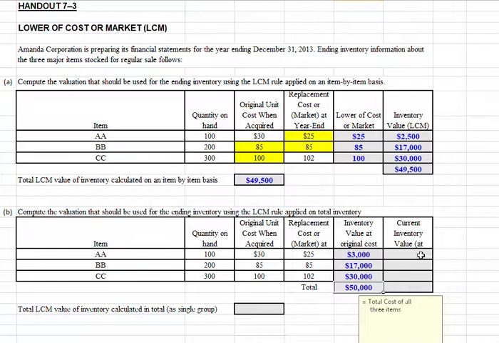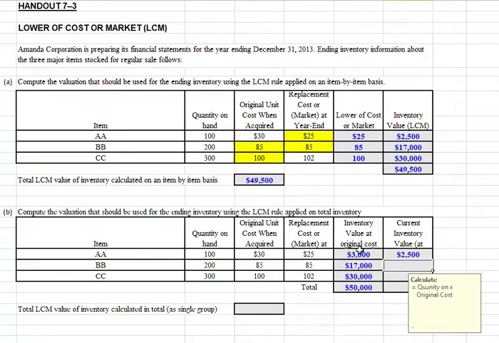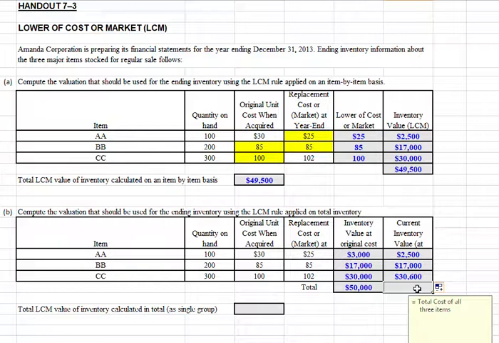Now, the current inventory at the lower of cost or market would be the replacement costs times the quantity on hand. So we've got the 25 times 100 for 2,500. We've got the 85 times the 200, which again is 17,000, and we've got the 102 times the 300 for 30,600.